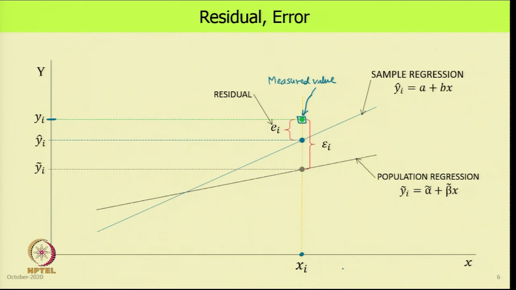When we develop our sample regression, we get this line here, which is the sample regression line, and we denote that as y hat I is equal to a plus b x. We can put I there, which means the hat denotes that this is a projected value from sample regression.